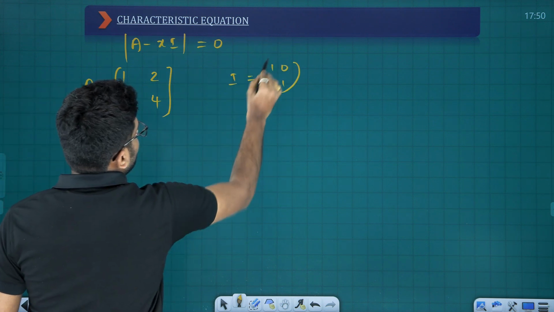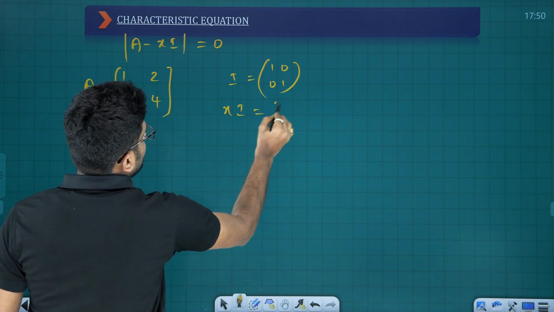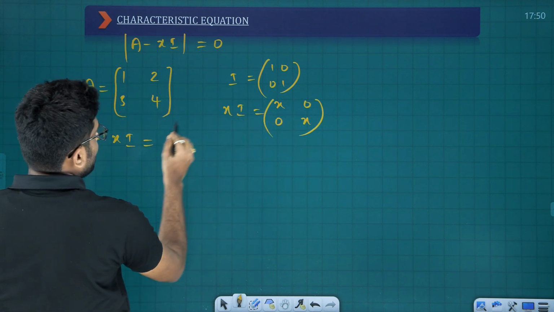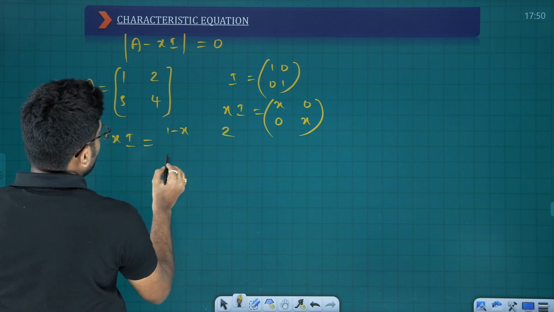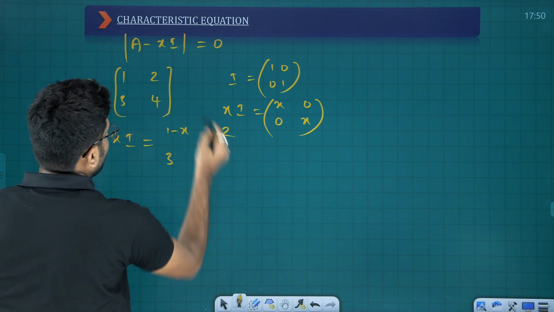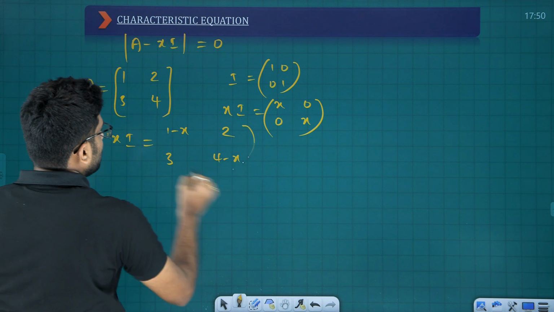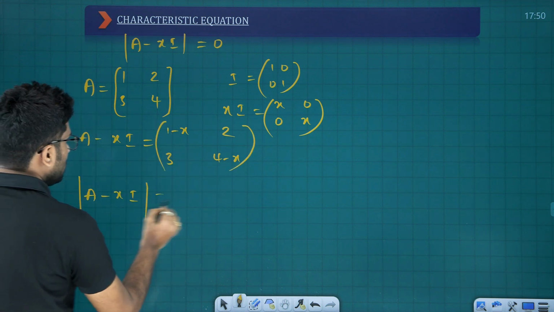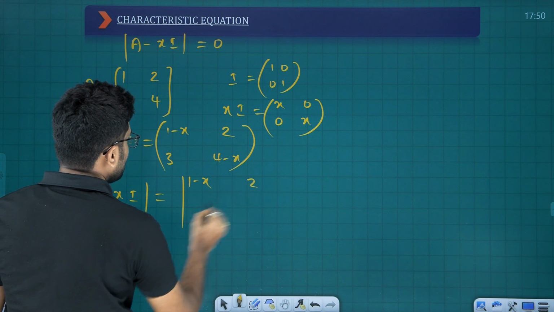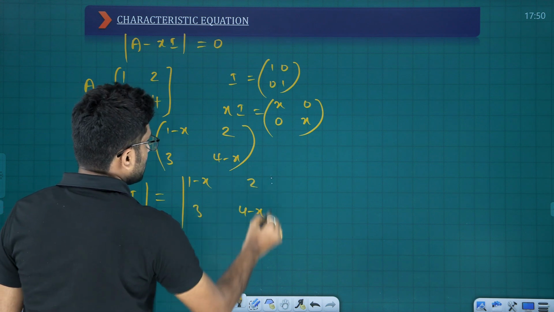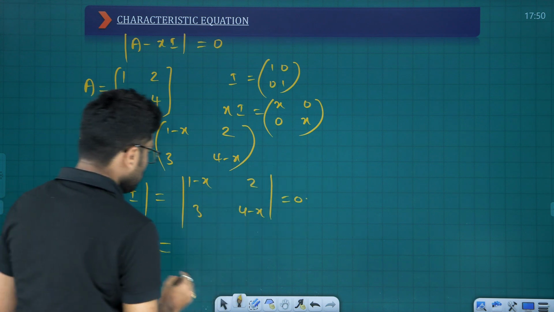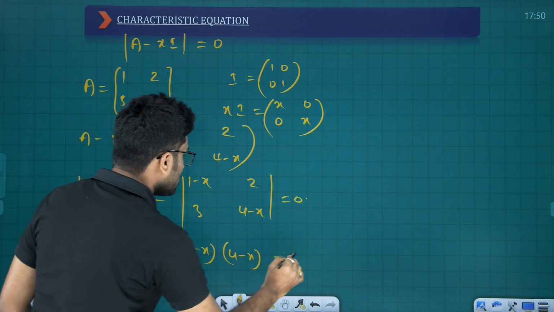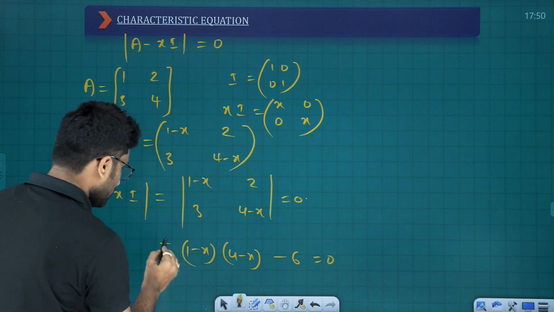Now xI means x, 0, 0, x. So A minus xI means 1 minus x, 2, 3, 4 minus x. The determinant of A minus xI we equate to 0. So that is the determinant of 1 minus x, 2, 3, 4 minus x equated to 0. Now (1 minus x) into (4 minus x) minus 6 is equal to 0.